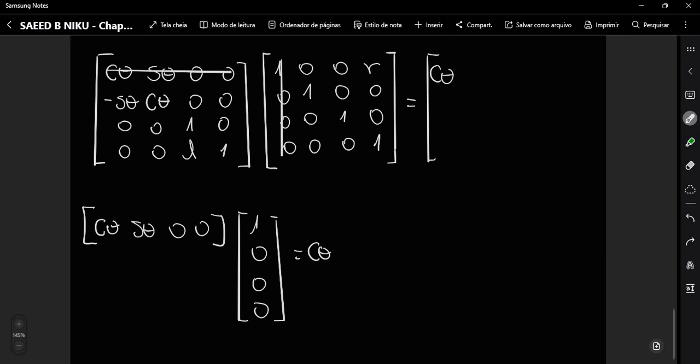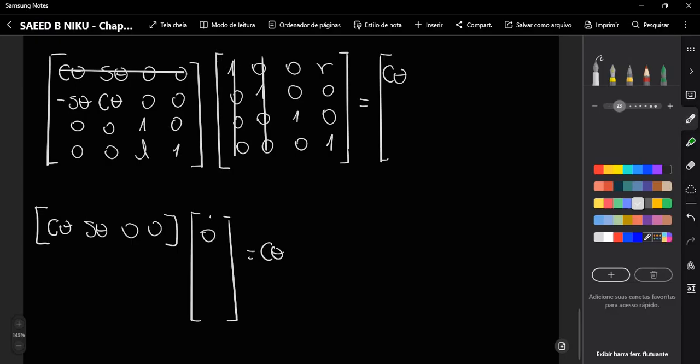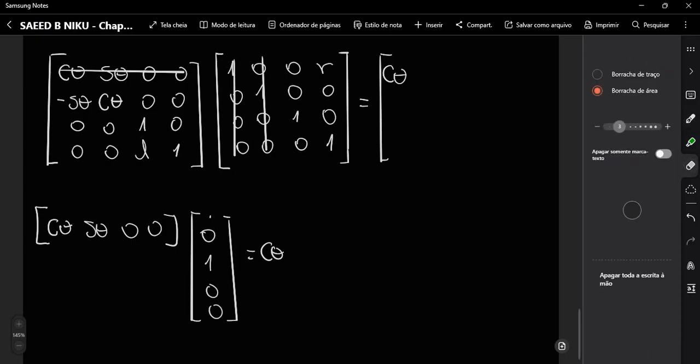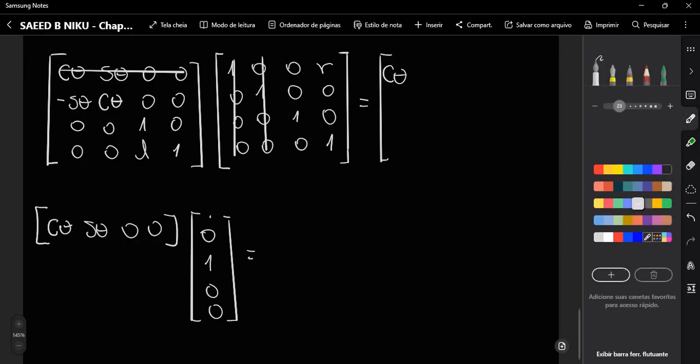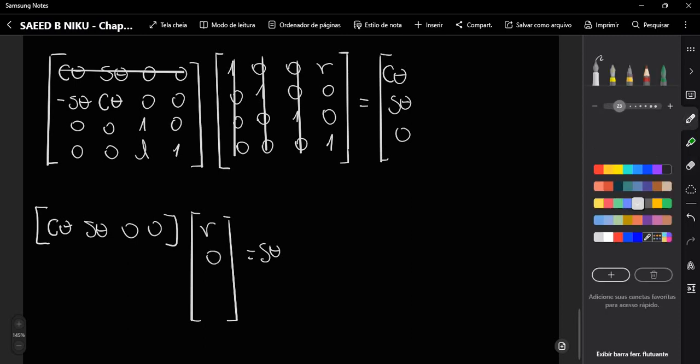Now this column, 0, 1, 0, 0, and right here we will obtain sine of theta. So it's sine of theta. Now this column, 0, 0, 1.